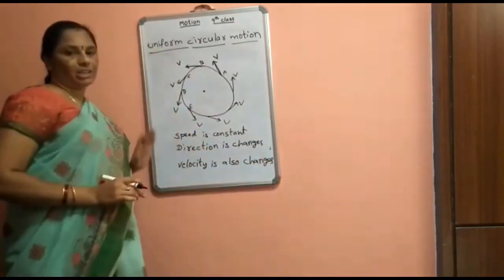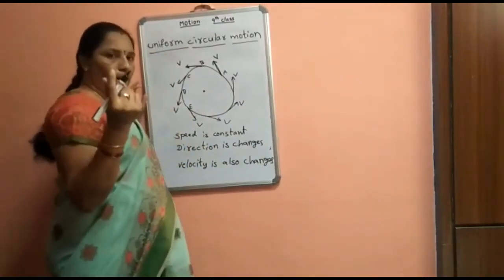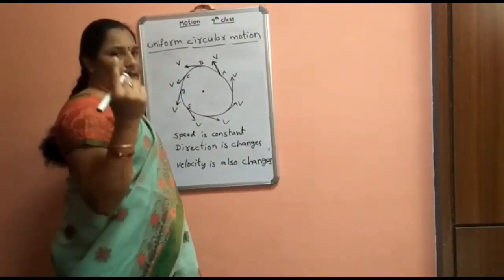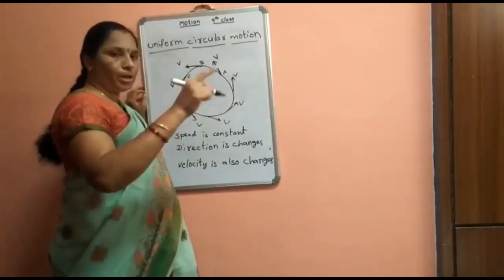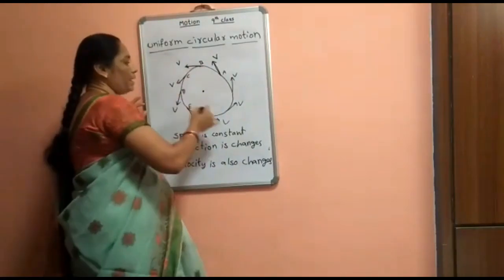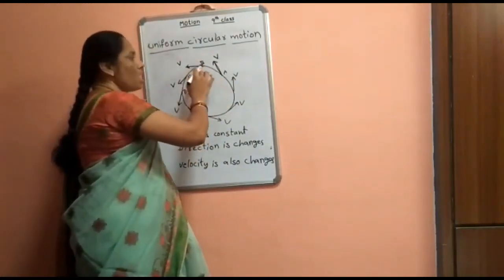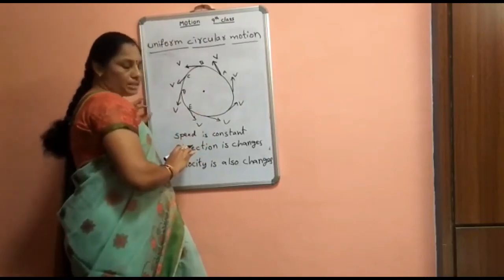From this activity we can conclude that if we take an object with a string and whirl it, its speed is constant and its velocity always changes.